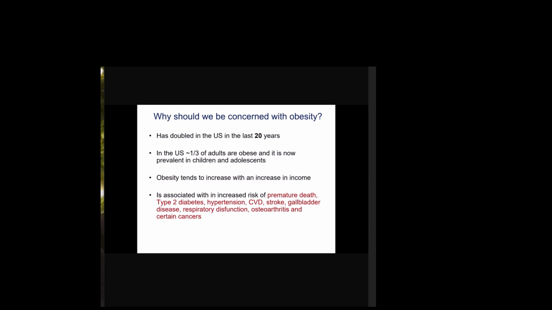One observation is that for the past 20 years, the number of people considered overweight has doubled in the US, and more in the eastern and southern part of the country than the western part. The US has an average of one third of its adult population being obese, and it is now very prevalent in children and adolescents.